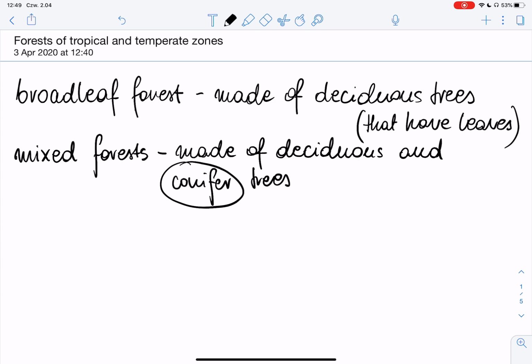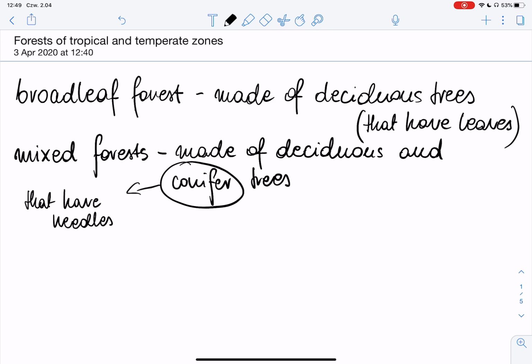And conifers are the ones that have needles. So firs, pines, so spruces, all that kind of trees.